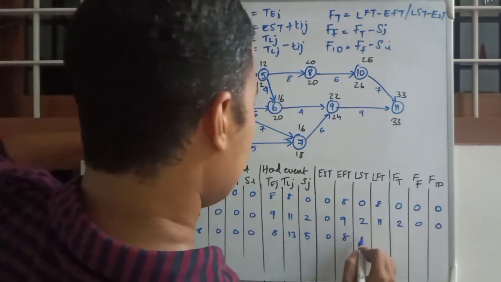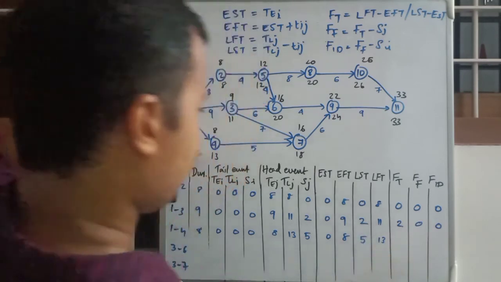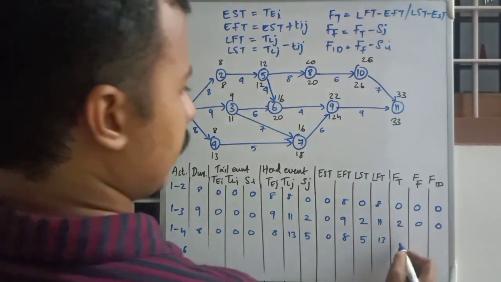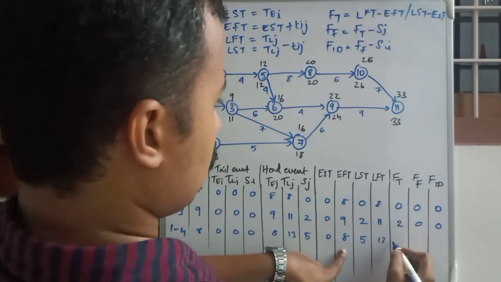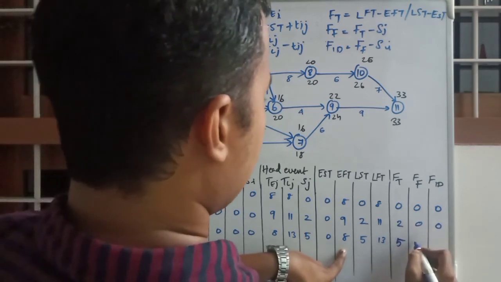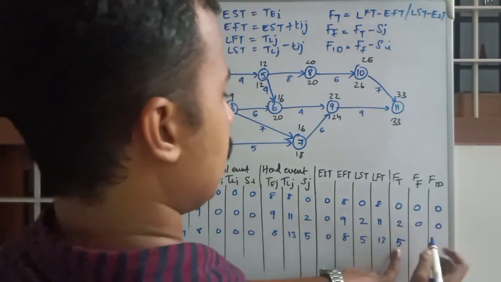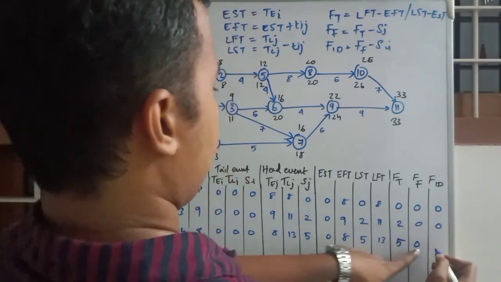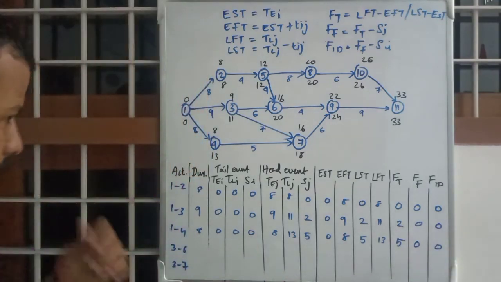EST 0, EFT 8, LFT 13, LST 5. TF difference is 5. FF is TF minus SJ, 0. FID is FF 0 minus SI 0.